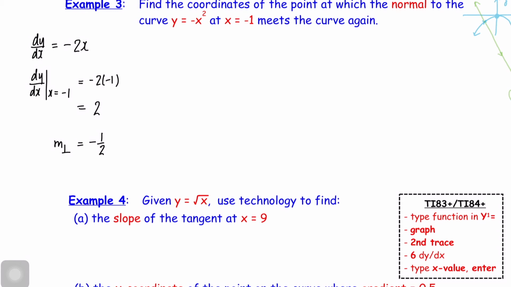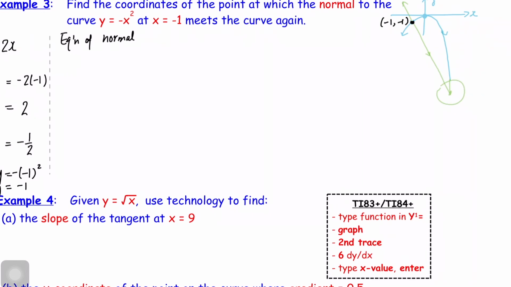So the next step we said is to find the equation of the normal. Do we know what point this normal is drawn at? Well, we know that at x equals negative 1, y is negative times negative 1 squared, which is negative 1. So this is negative 1 on the diagram.